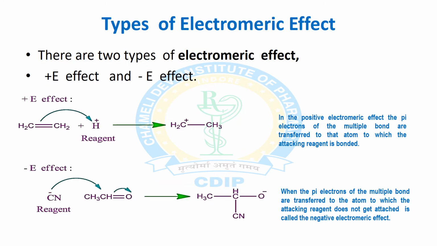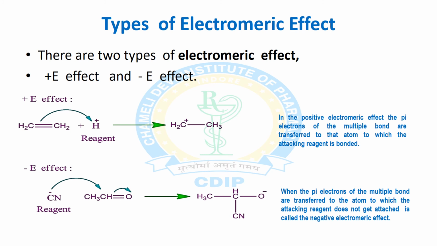Then there are two types of electromeric effect, the positive electromeric effect and the negative electromeric effect. The plus E effect occurs when there is a reagent which lacks electrons, like an electrophilic moiety, and then there is displacement of the complete pi bond towards that reagent.